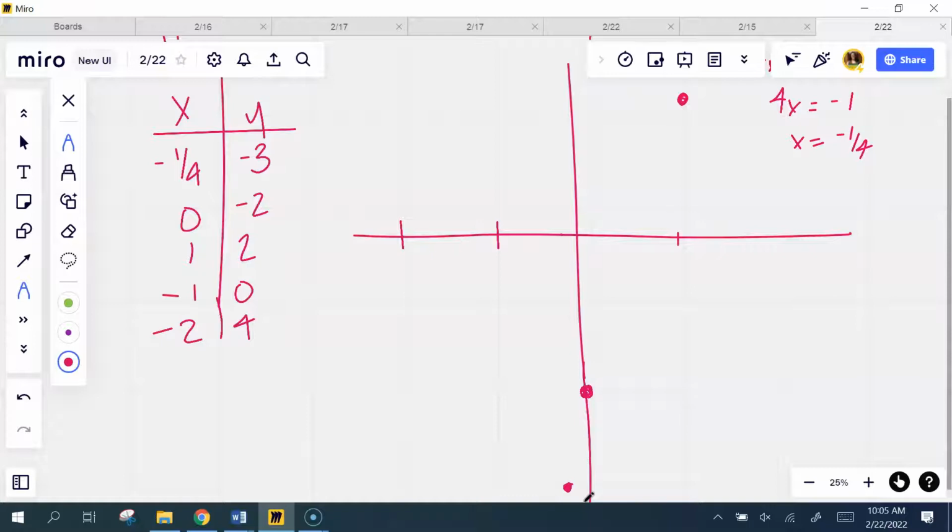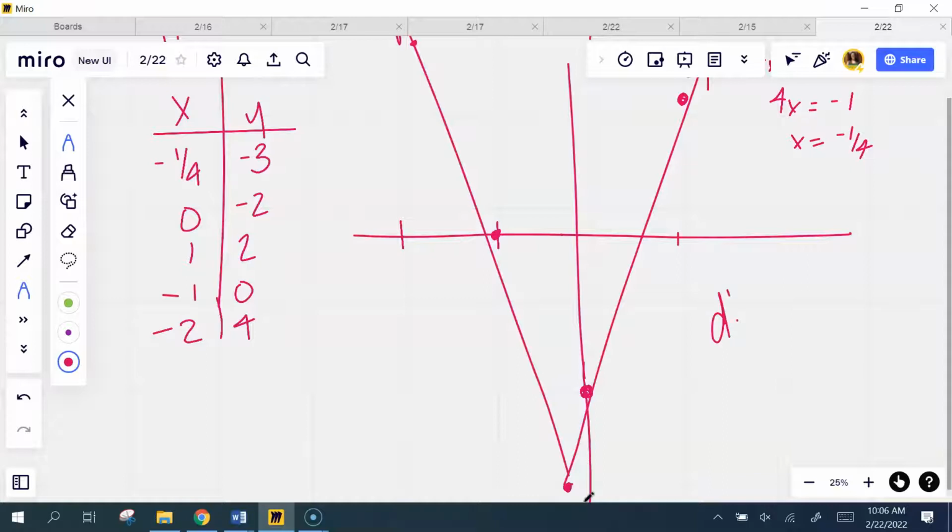So this side of my graph is going to do something like that. And then the other side, I go negative 1, 0, and then negative 2 way up to 4. Like that. Remember, if you start out at a point that's not an exact value, that's a fraction, not an integer, it's going to make your graph look like it's off, but it's really not.